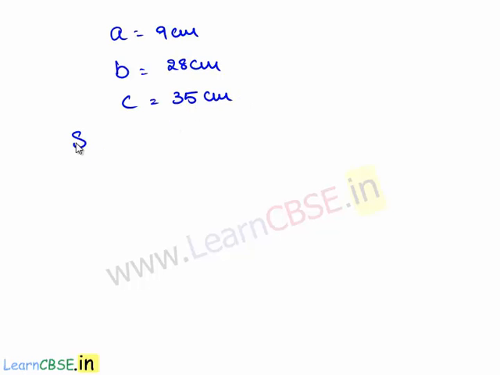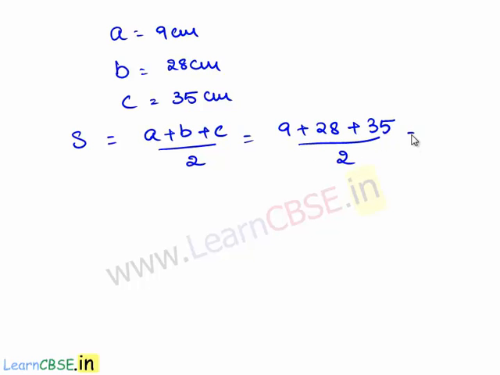Now let us find the semi-perimeter which is A plus B plus C divided by 2, that is equal to 9 plus 28 plus 35 divided by 2, which is equal to 36 centimeters.